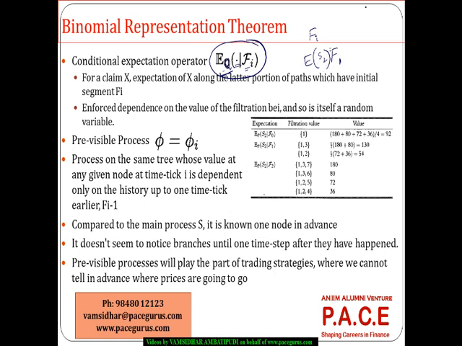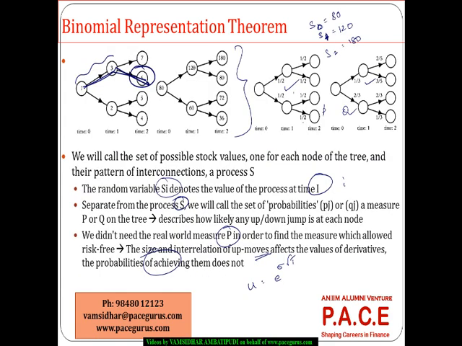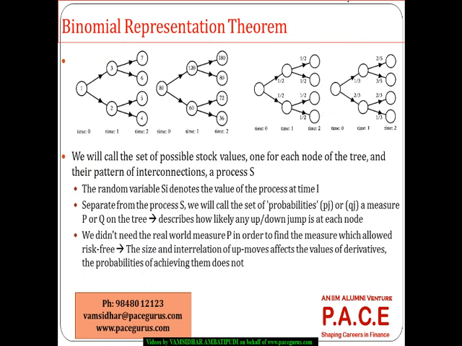Right? I want to find out the expected value of S2. Until time period 1, I am already given F1. Let's say this is what I am given, and then I want to find out the expected value of this. Let's say the probability is 2/5 times 180 plus 3/5 times 80.